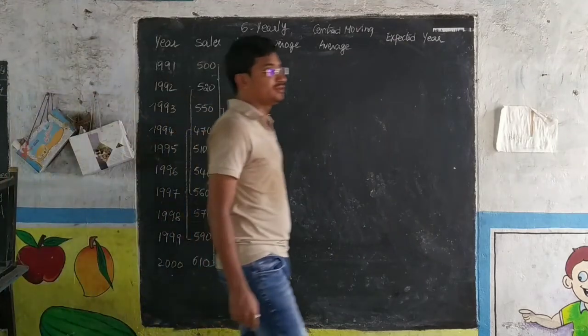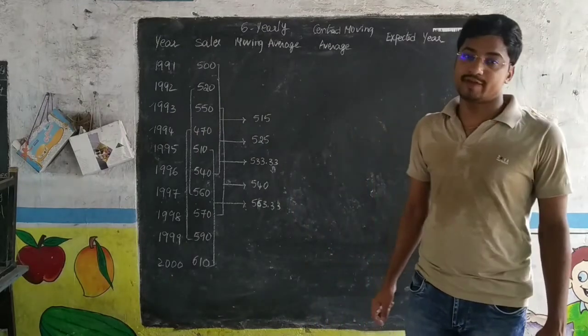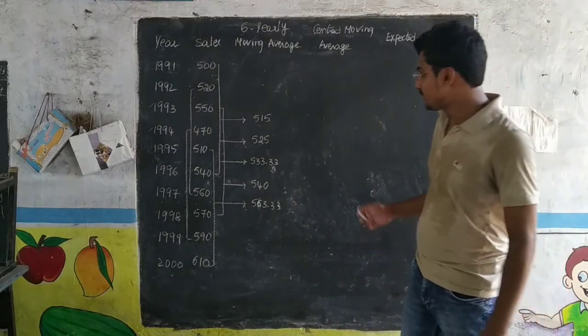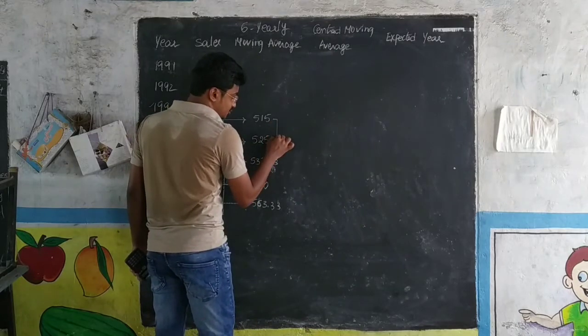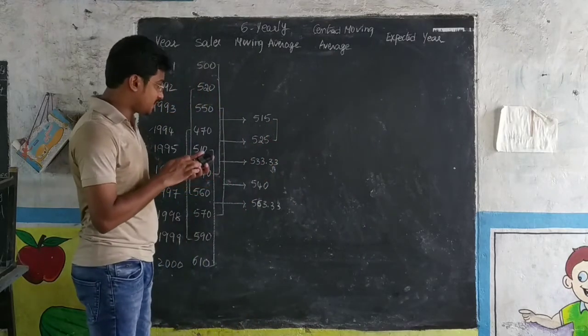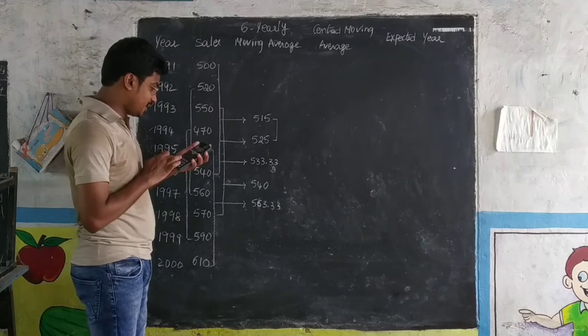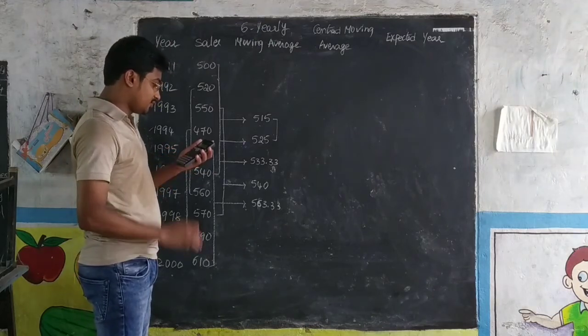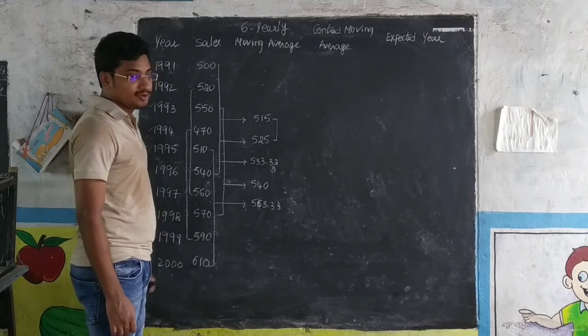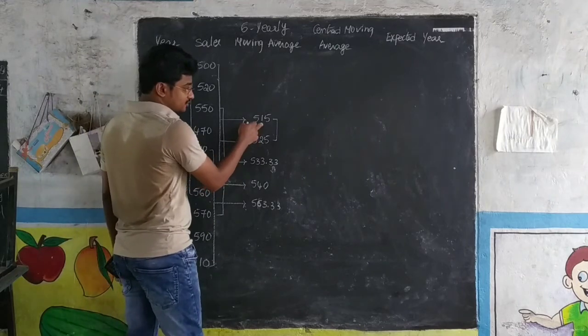Next, centered moving average. Average of two values, the first two values. 515 plus 525 divided by 2 is 520.